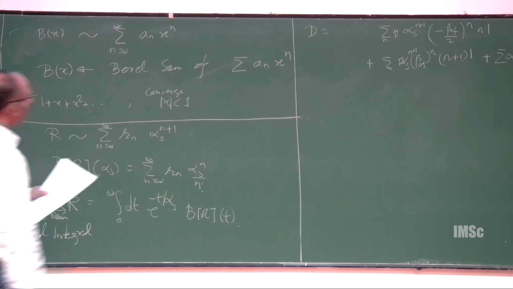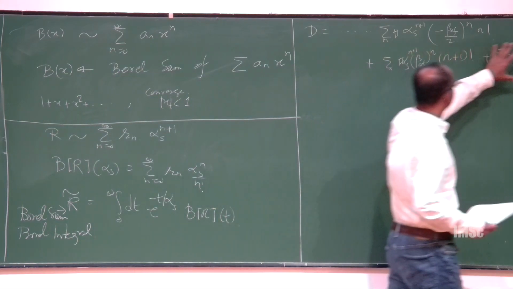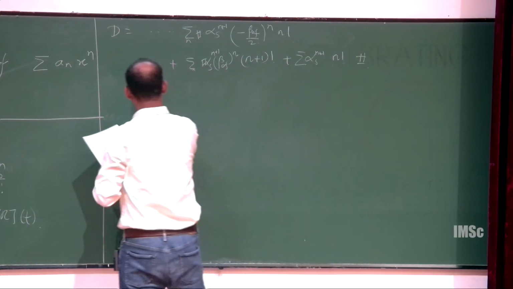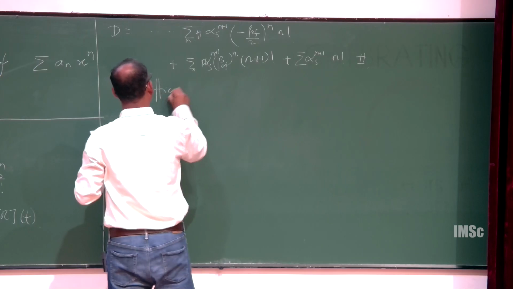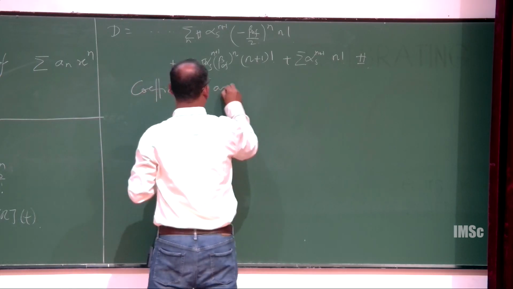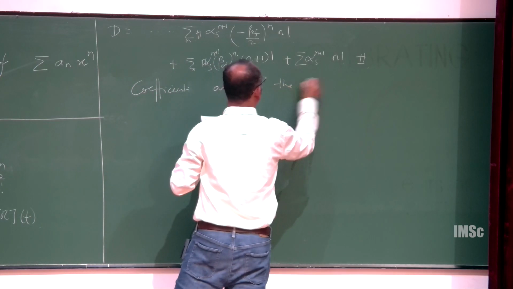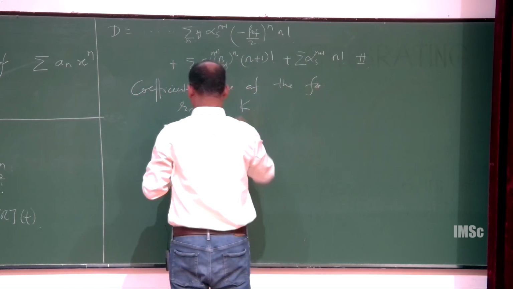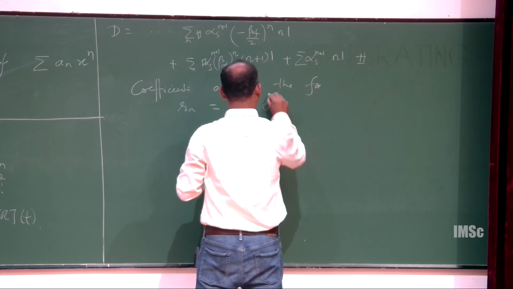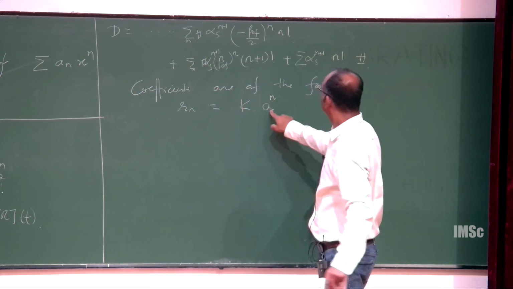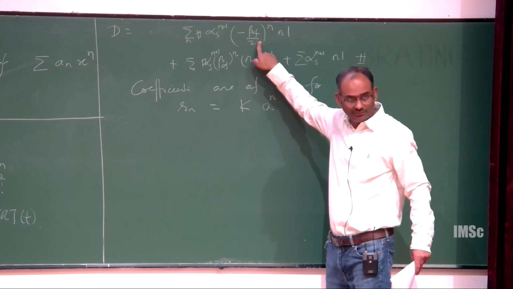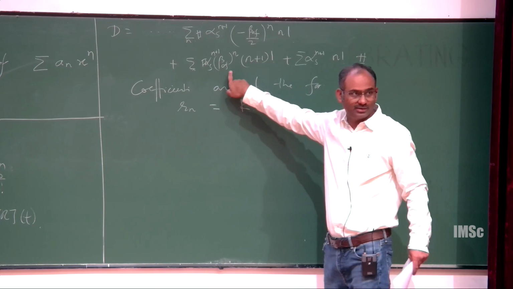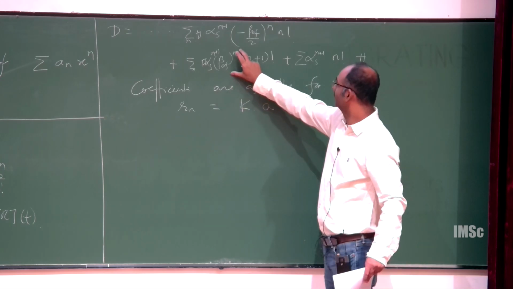So these are the terms which we had in the D function. It's telling you the kind of coefficients you have in the series. The coefficients are of the form some constant k, some constant a to the n, which in this case, for example, is minus beta naught f over 2, so a is beta naught f, raised to the power n.